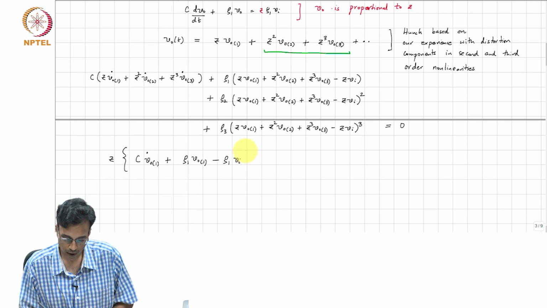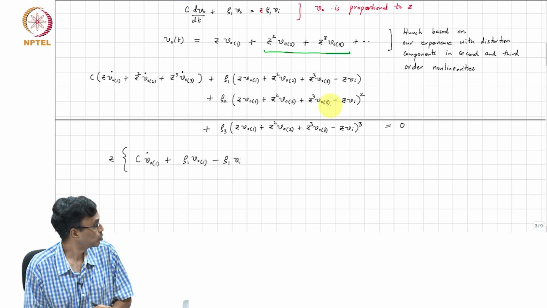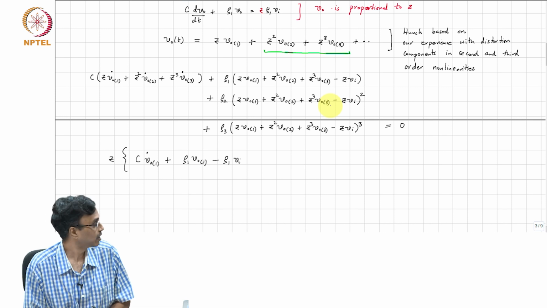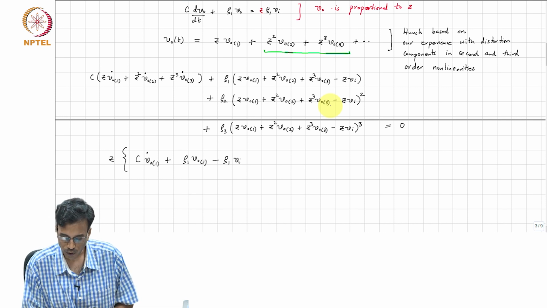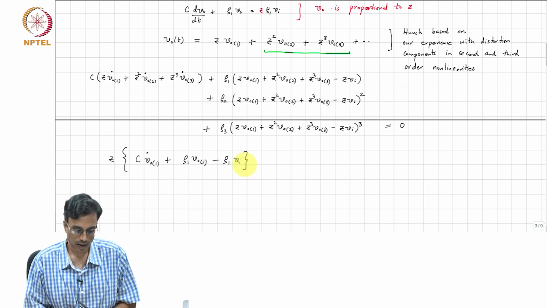Do we have to worry about G2 and G3? The lowest degree of Z, if I expand out the G2 term, is Z square. So we do not have to worry about any of that, and likewise with G3.